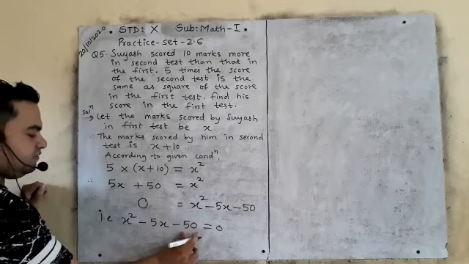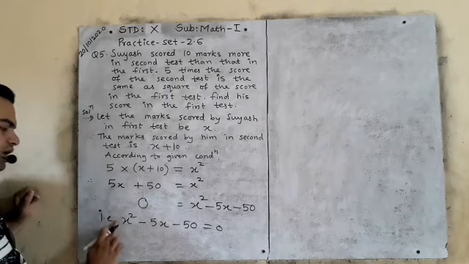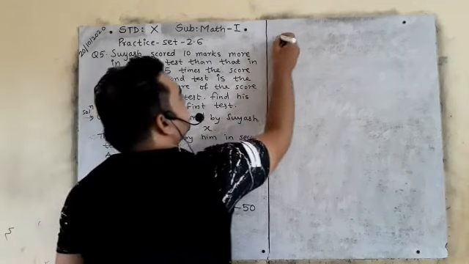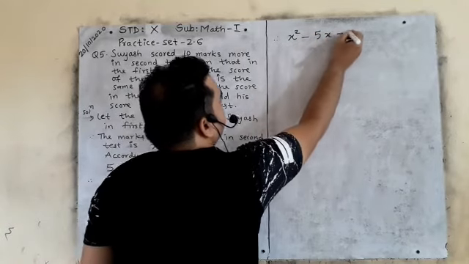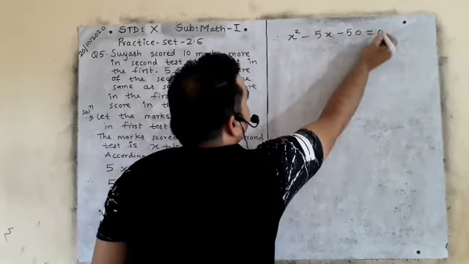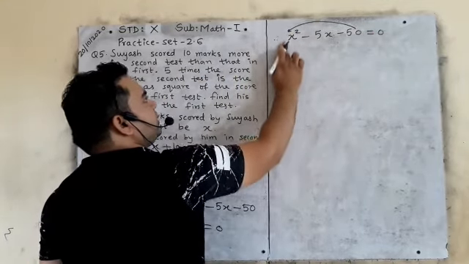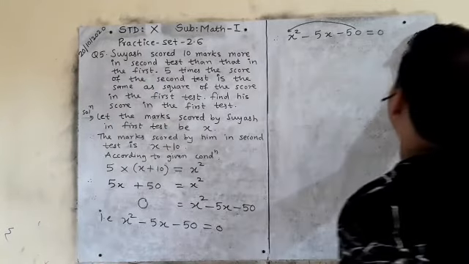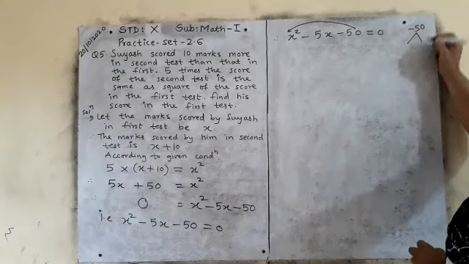This minus 50 will multiply to the coefficient of x square. So here it is 1. So factorize it. X square minus 5x minus 50 is equal to 0. So what will it be? Minus 50 ones are minus 50.